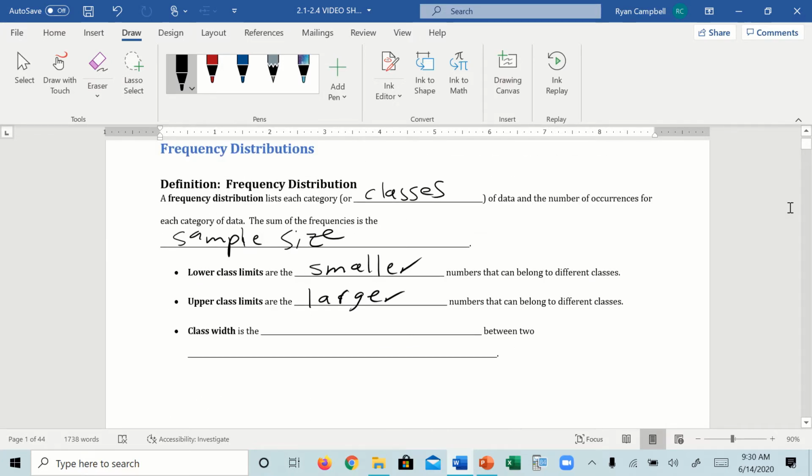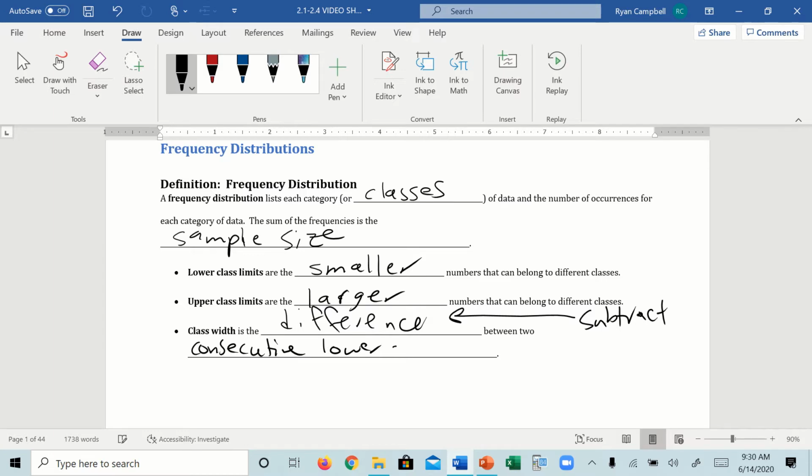So the class width is what we call the difference. What does difference mean in math terms? Remember, difference means subtraction between consecutive lower class limits.